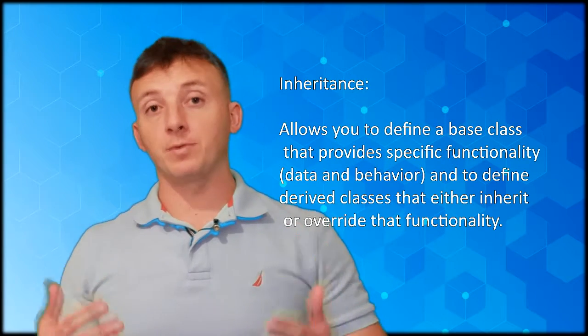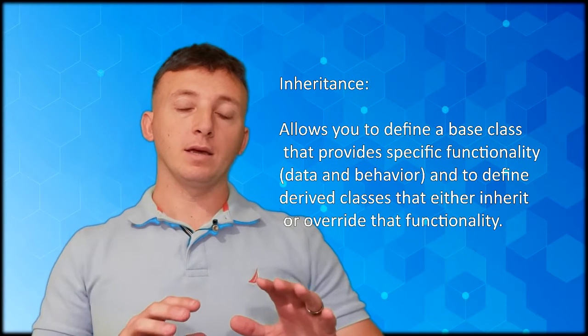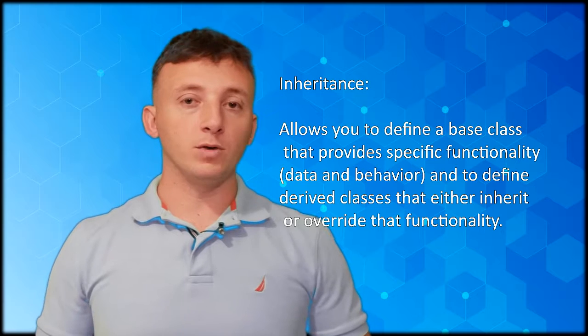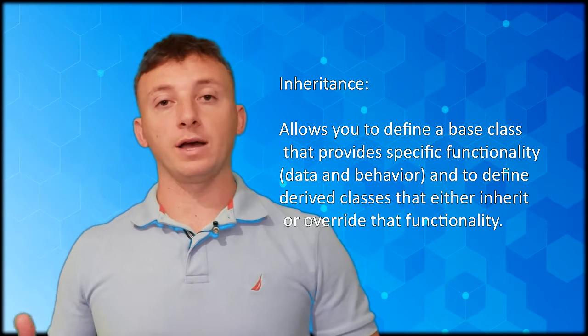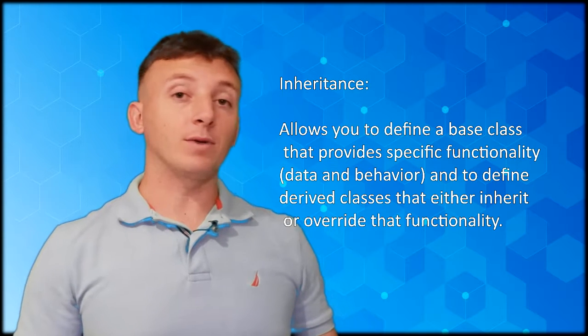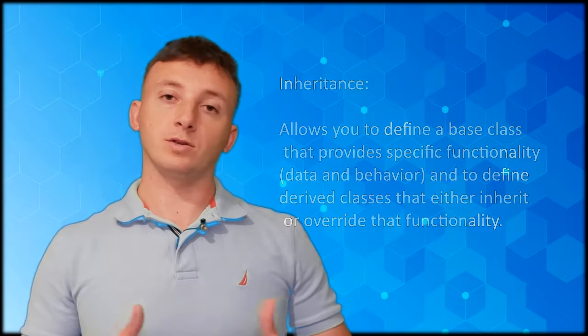The second topic I want to talk about is inheritance. I'm going to keep it really simple and only cover one type. Consider it like this: if you inherit something from a family member, let's say your eye color or your height, that's what we're talking about. In C# with inheritance, you can have a base class and a derived class.